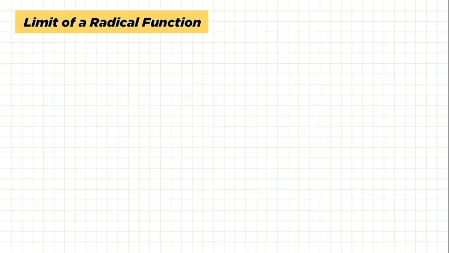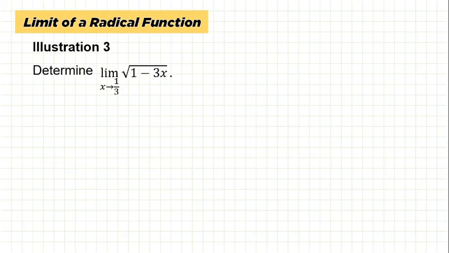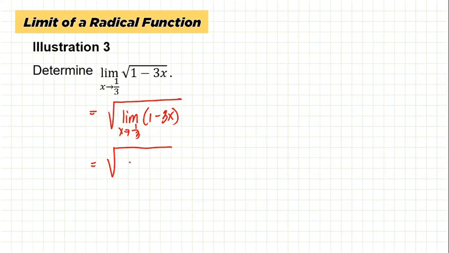Last example. How about this one? So, applying the theorem, we have square root of the limit of 1 minus 3x as x approaches 1/3. Again, this is a polynomial function, so we have square root of 1 minus 3 times 1/3. Now, take note, our index here is even.